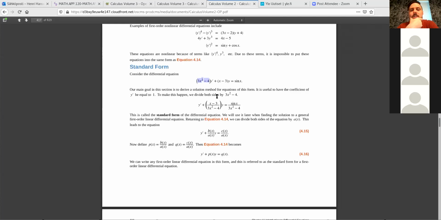So for those points where this 3x squared minus 4 is not equal to 0, we can talk about this equation.